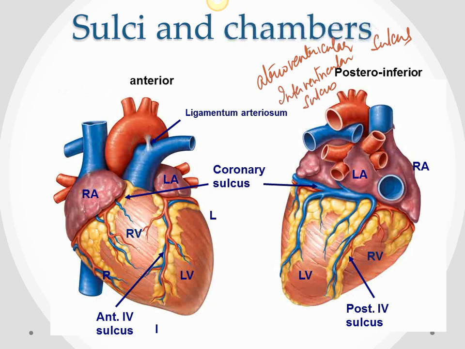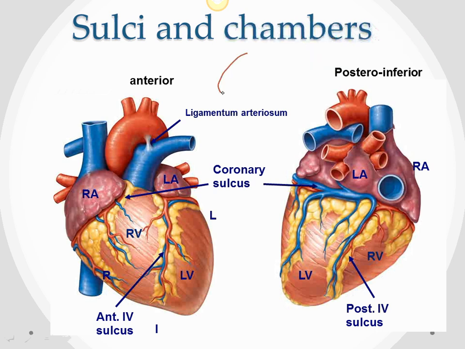Now, the atrioventricular sulcus also has another name. It is also known as the coronary sulcus. It's called coronary, the reason being that when you look at the heart, this atrioventricular sulcus goes around the heart like this.